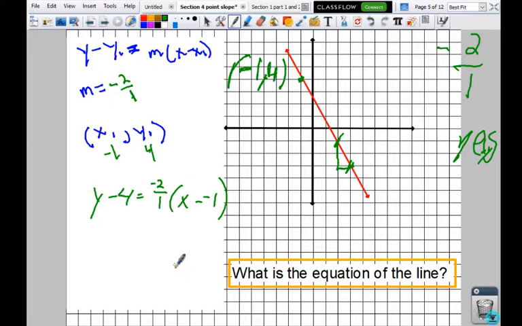I think you counted wrong on some of those, but yeah, you got the right idea. All right, Zoe, what'd you get? It was y subtracted by negative 3 equals negative 9 over 5 times x subtracted by 3. All right, I would take that.